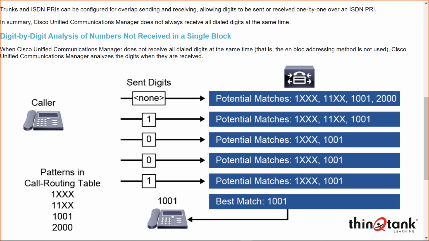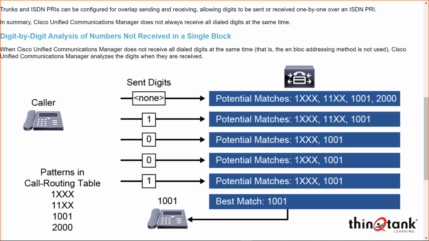If I haven't received any digits, then all patterns qualify. Once I receive the 1, that's going to eliminate the 2000 pattern because it doesn't match. Then when I receive the 0, it's going to eliminate the 11XX pattern because it doesn't match. I receive another 0, it still matches the 1XXX and the 1001 pattern, and then I receive the final 1, it still matches the 1XXX and the 1001 pattern, but 1001 is a better match because it has the fewest possible matches.